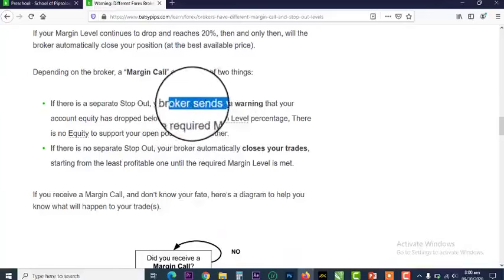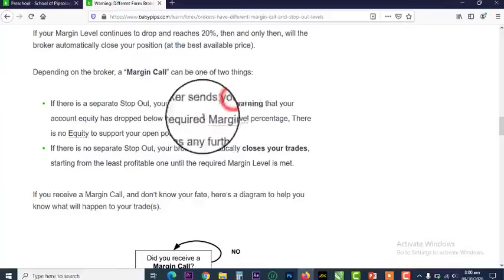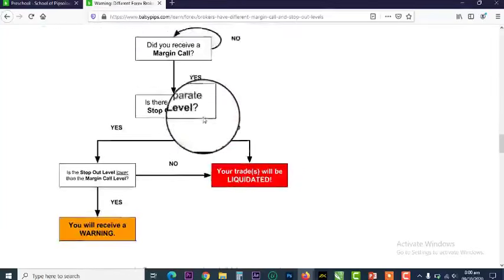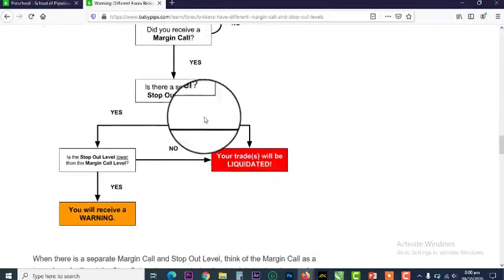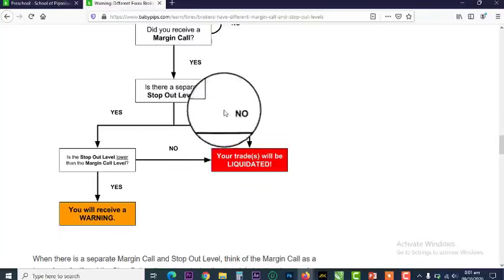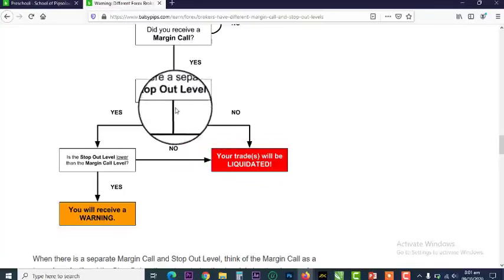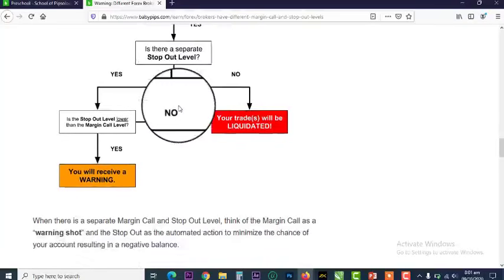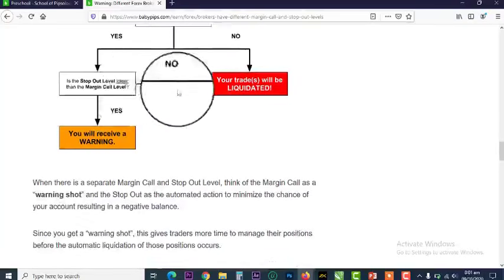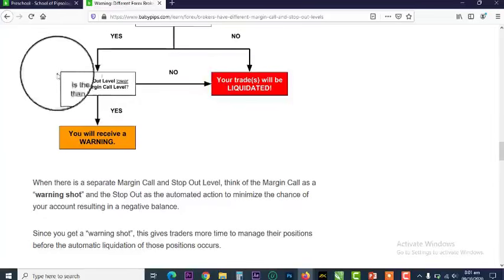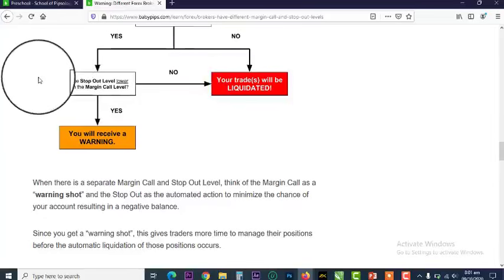If your account goes below 1,000, you get a call or a warning message from a broker, right? You get a message from a broker. If your account goes down more than 1,000, let's say you are negative 1,300 US dollar, your equity is 700 US dollar, your broker will stop you out of your trade because your margin level and your free margin is not able to carry the trade anymore.